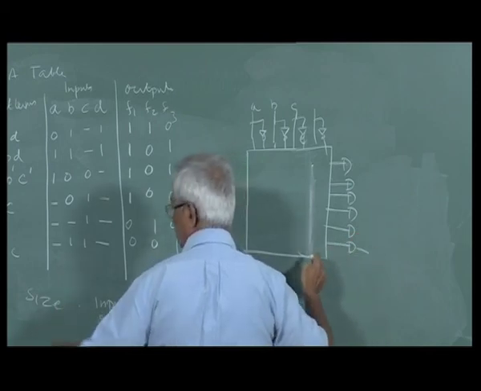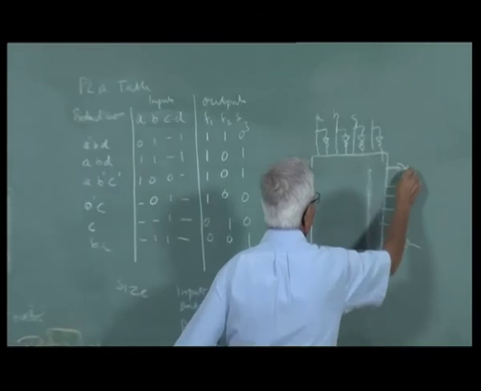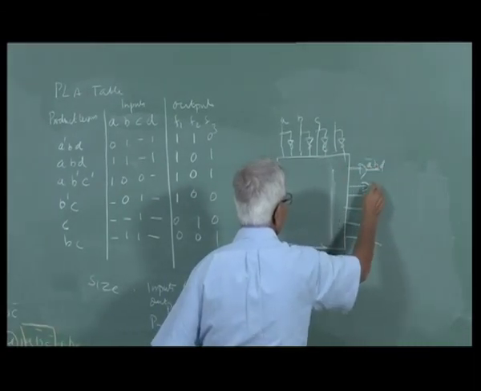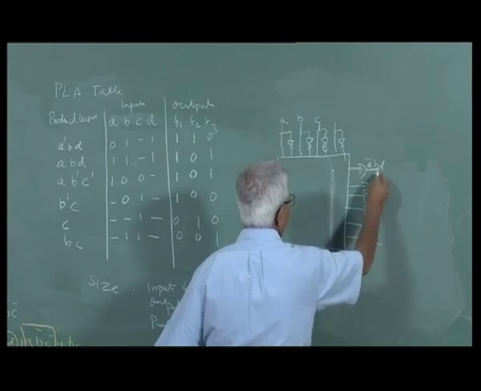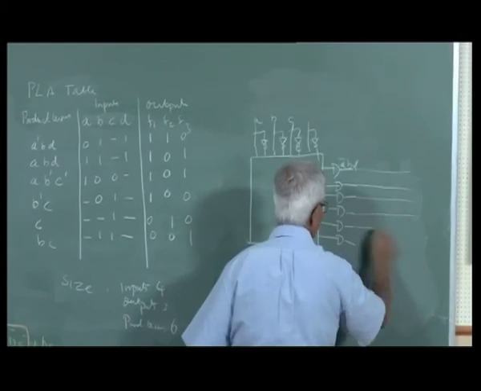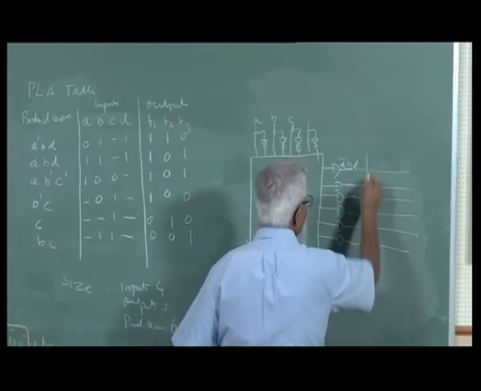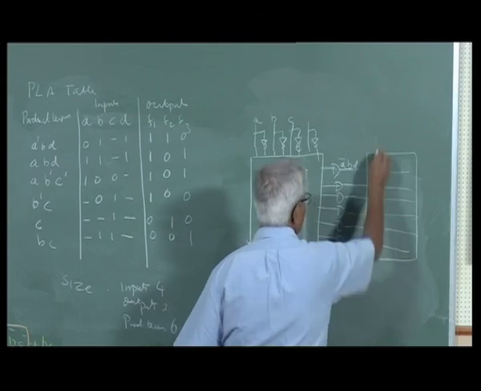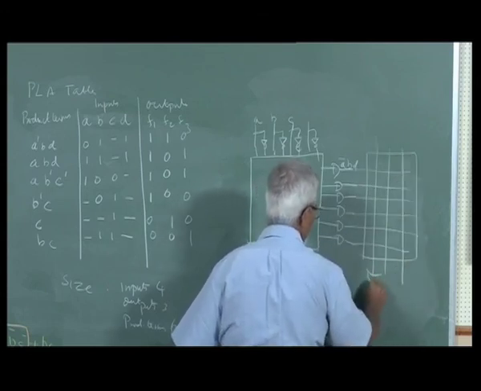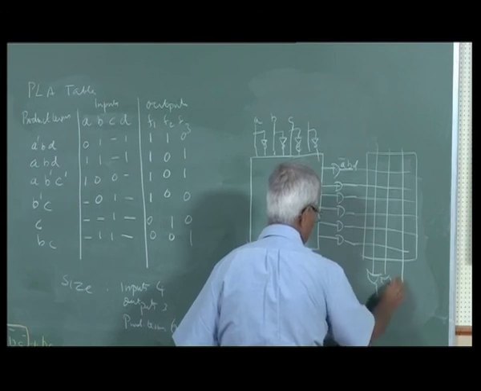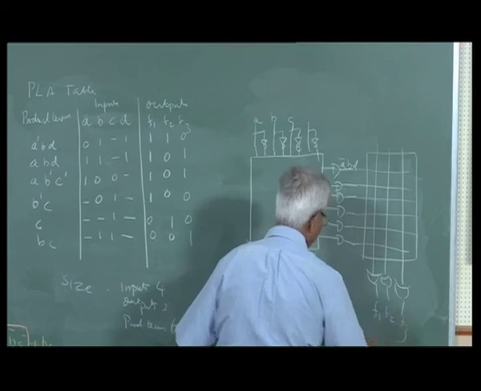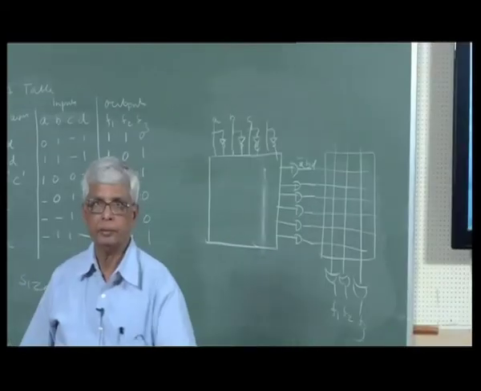All these are written here, A bar, BD, etc. And then combine them into 3 outputs using OR gates: F1, F2, F3. This is the total design.